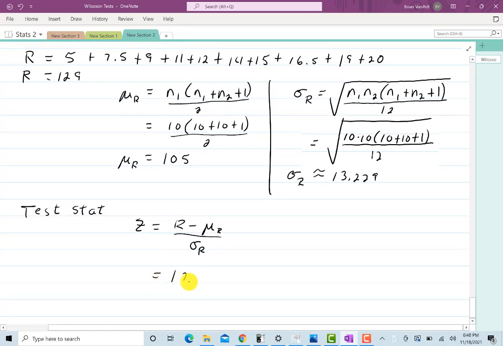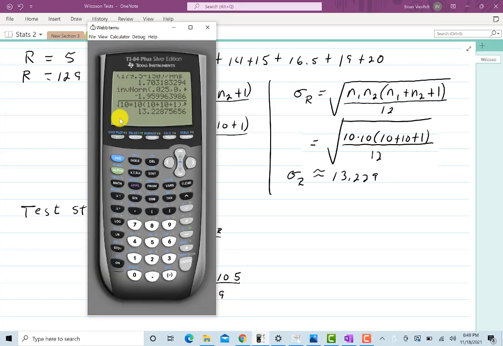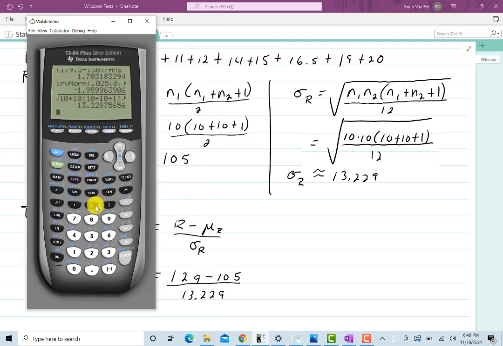We have 129 minus 105 divided by 13.229. And let's see what we get for that. I'll put parentheses around my numerator, 129 minus 105.